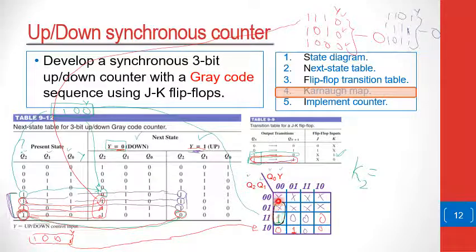And then as you move up and down, Q1 remains as 1, but the Q2 falls off because it changes from 0 to 1 here.